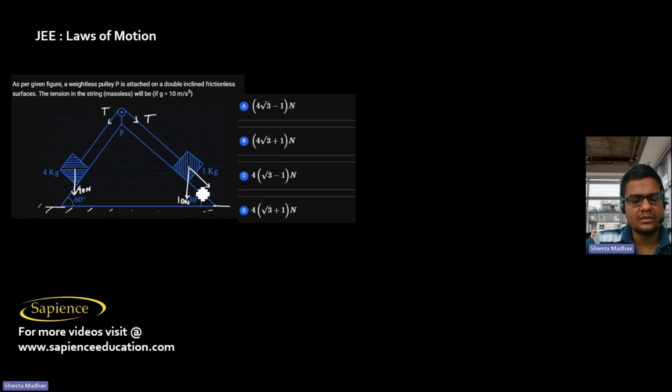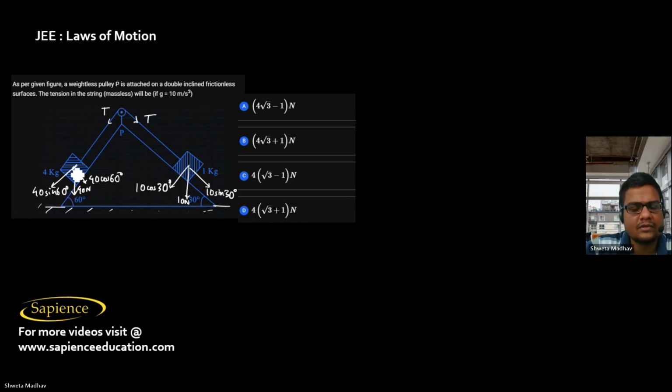So 10 sin 30 will act down the incline, and here 10 cos 30 will act. And here also this will be 40 cos 60 and this will be 40 sin 60. Now here also this will be tension force, and these surfaces are frictionless.